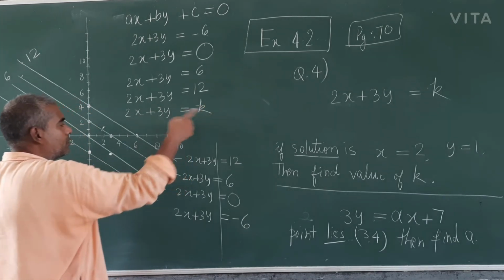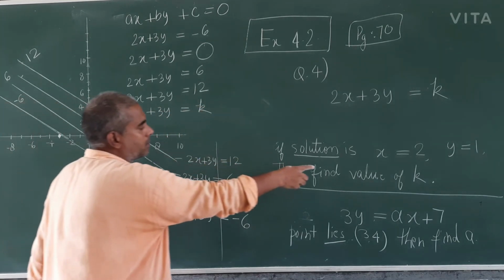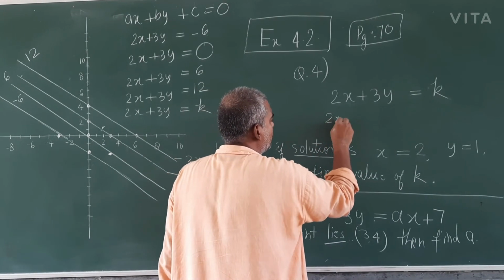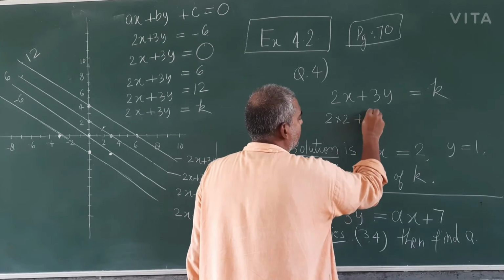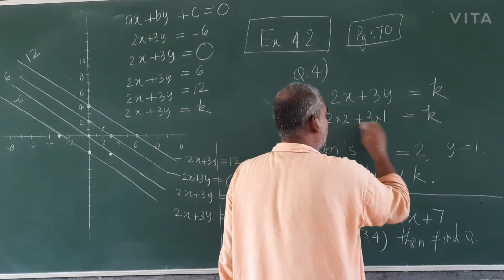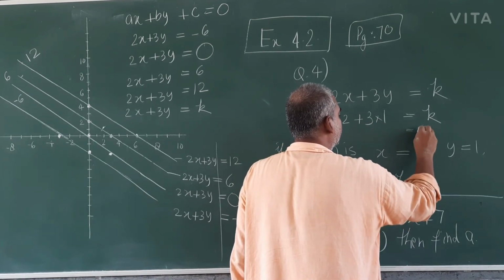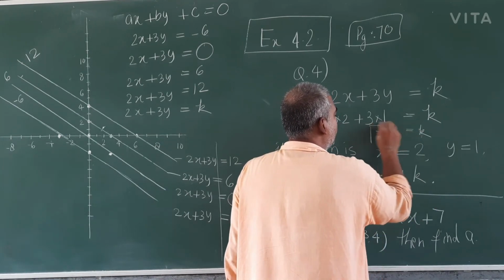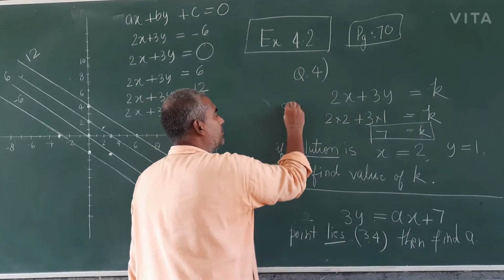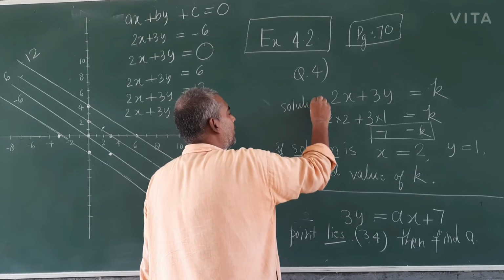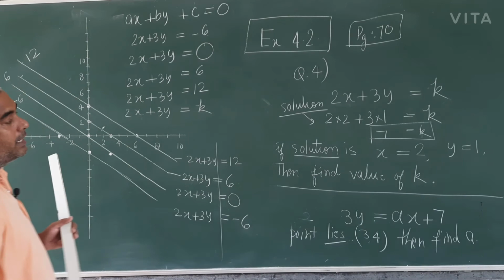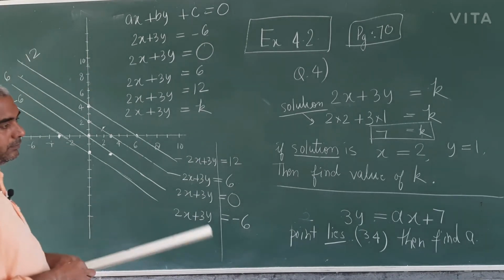You don't know k, so you put the value x equal to 2 and y equal to 1: 2 into 2 plus 3 into 1 is equal to k, and you get k is equal to 7. This was a small solving.